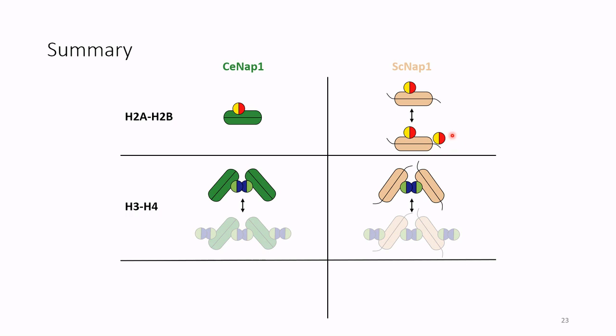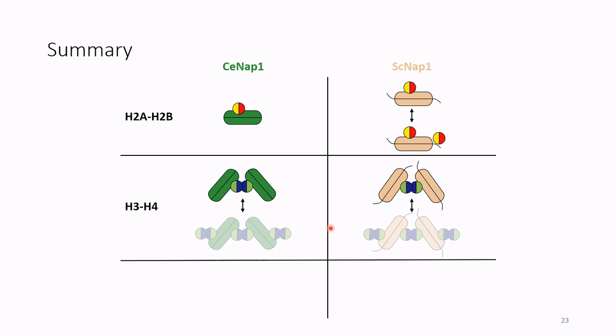When the Nap proteins bind H3H4, they form higher order oligomeric complexes in the order of 4-to-2 or 4-to-6 stoichiometries. This is similar in both worm as well as yeast Nap1. We hypothesize that the binding interface of tetramerization of H3H4 is causing this large oligomeric complex to form.